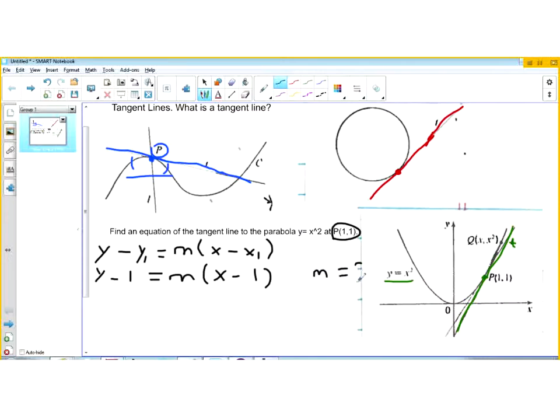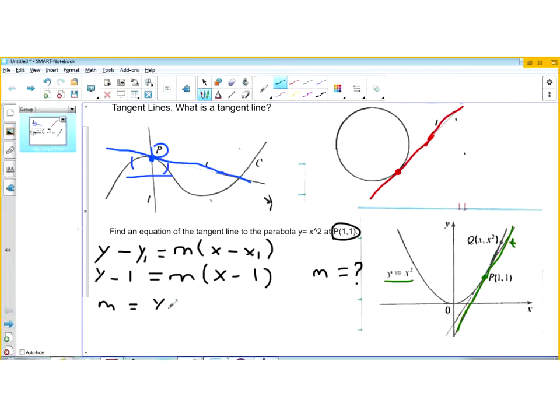So what is m? Okay, we need to compute the value of m. Well, in the case of the green line, we have the coordinates of only one point. And if you recall, the slope of a line is determined by the coordinates of 2 points.